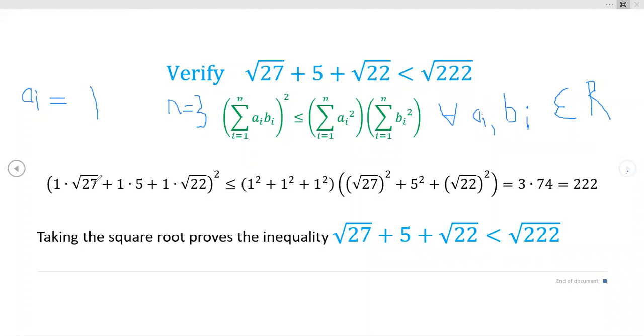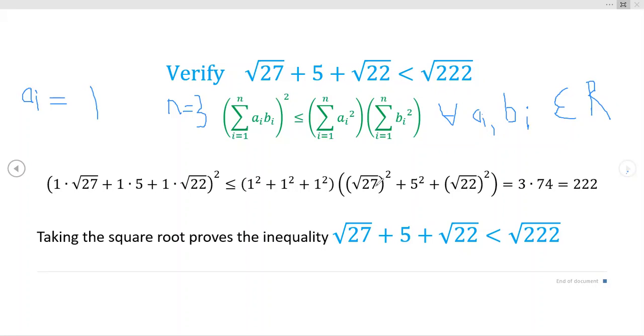And of course, b sub 1 is root 27, b sub 2 is 5, and b sub 3 is root 22. And the rest of it is just a straight handoff to this right-hand side. Again, it seems superfluous, but I wrote 1 squared just to let you know where everything is coming from. Then here I wrote the square root of 27 squared, 5 squared, and the square root of 22 squared.